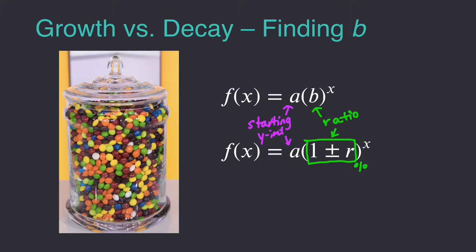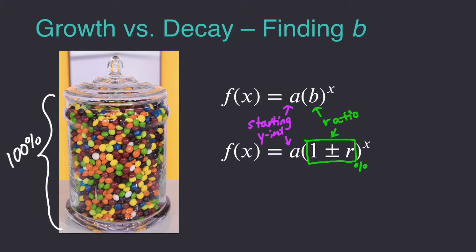So let's go ahead and look at it on this jar of Skittles. If we look at this jar of Skittles, we would originally say that 100% of the jar is full, okay? So now what we want to figure out is if I take half of that out, if I decrease it by 50%, how much is left?